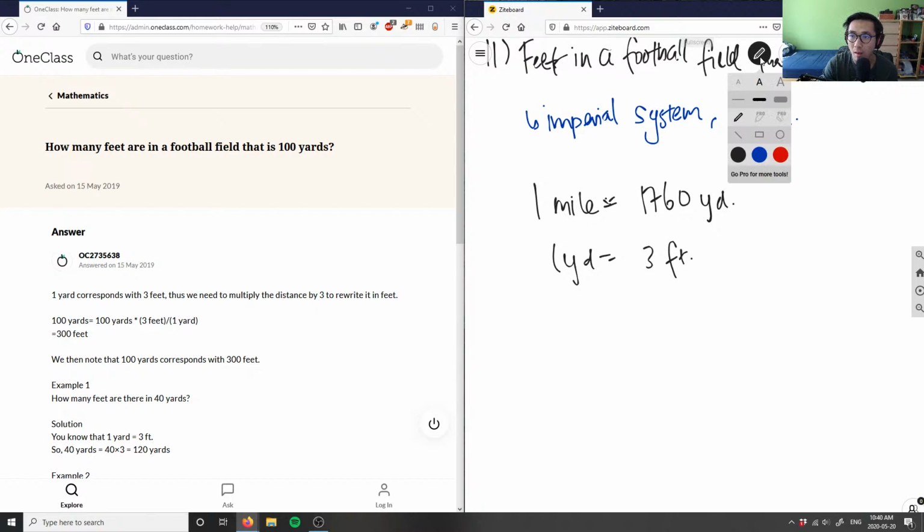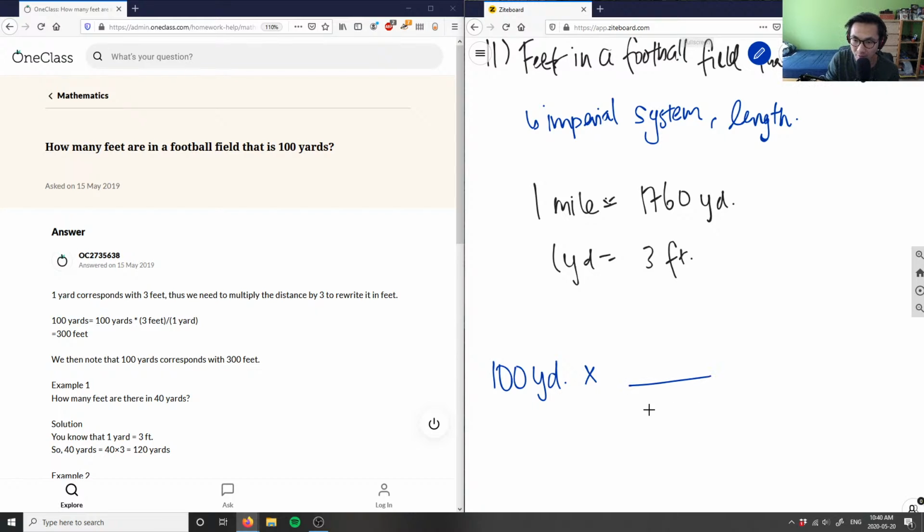I have 100 yards is what I'm starting with, and multiply that by how many feet are in a yard? Well, I know there's 3 feet in a yard, right? And I want my yard at the denominator, so I can cross out the units. So therefore 3 feet will be at the top. Yards cancel out. So I have 100 times 3, which is simply 300. And I have feet left over.